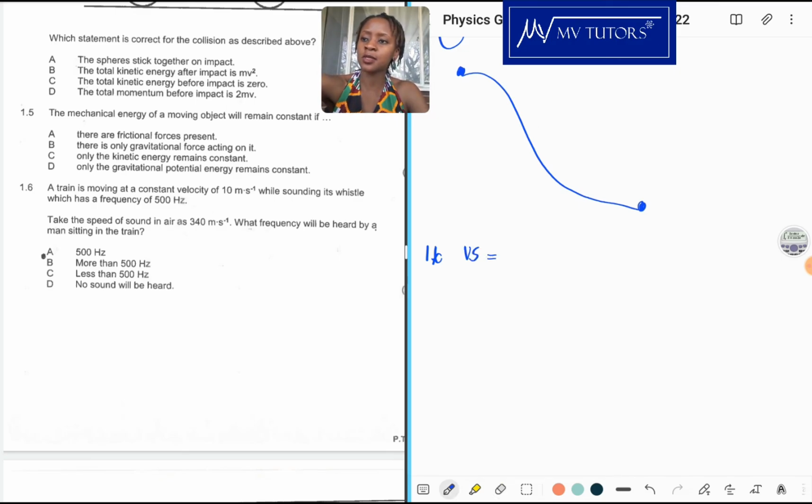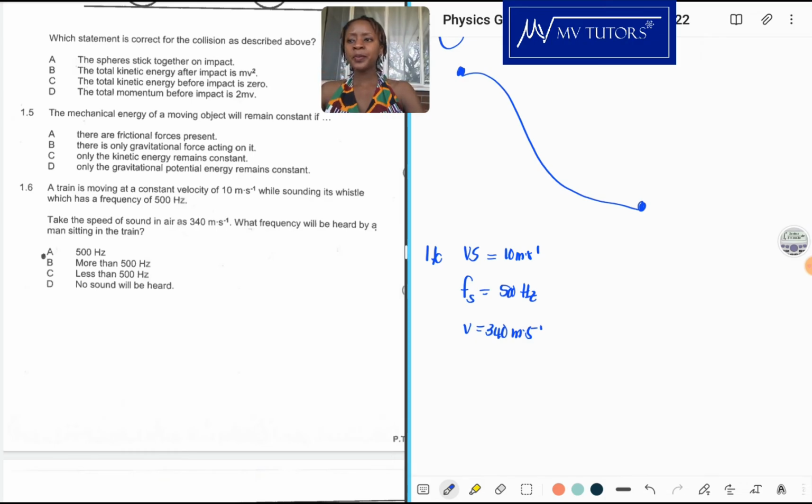Velocity of the source is 10 meters per second, and it has a frequency of 500 hertz. Okay, take the speed of sound in air as 340 meters per second.